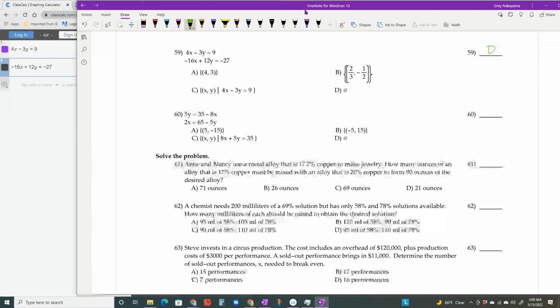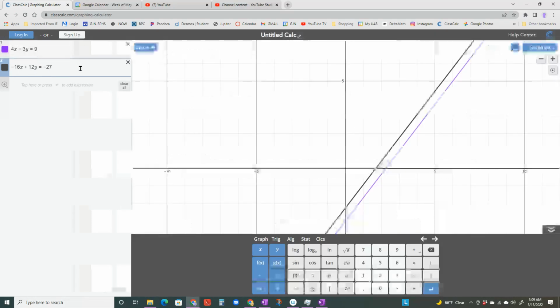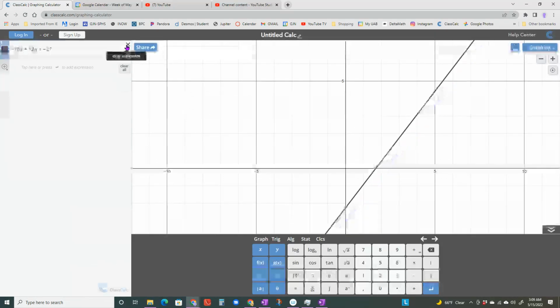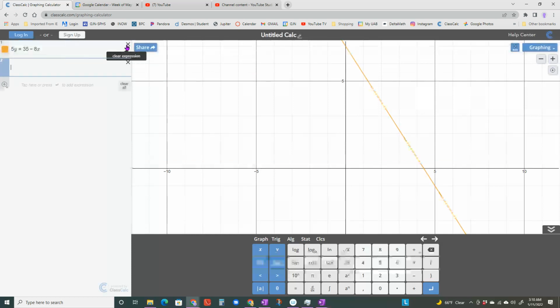All right, last one. Again, I'm going to do the same thing so that you can see the representation on your calculator for each type of answer. 5y equals 35 minus 8x. And then I have 2x equals 65 minus 5y. Okay.